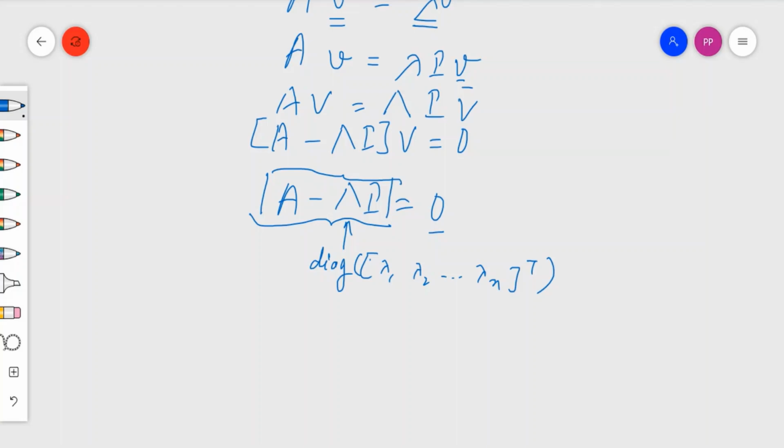So the idea of finding the eigenvalues and then obtaining the eigenvectors for a matrix will be understood.